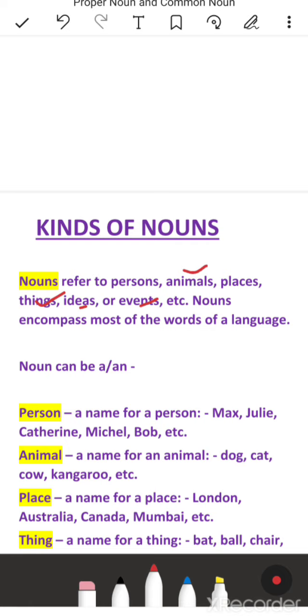So we have understood that a word which tells us a name, we call it a noun. That name could be the name of an animal, a place, a thing, an idea, an event or anything else.